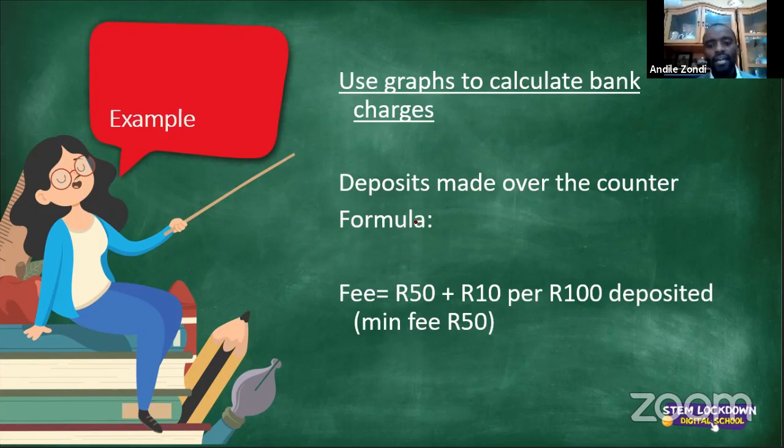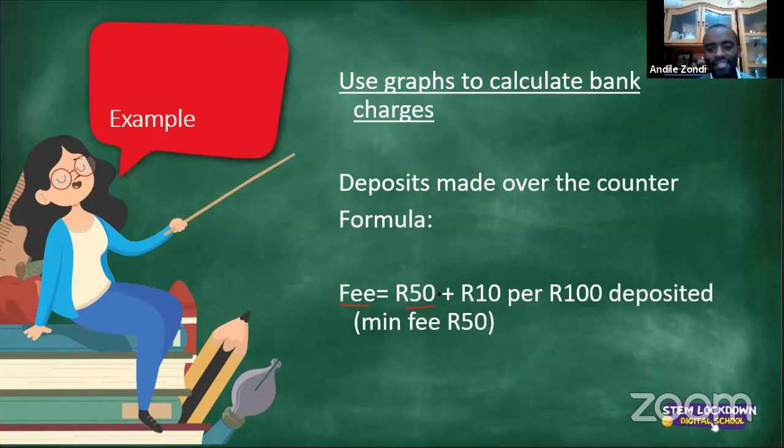Okay, usually a graph is determined from values or coordinates, and coordinates are usually obtained by substituting values into a formula. So given such a formula, right, we are calculating deposits made over the counter. So your bank fee will be 50 rands. Notice it's a lot of money because if you are making deposits inside the bank or over the counter, you pay a lot of money.